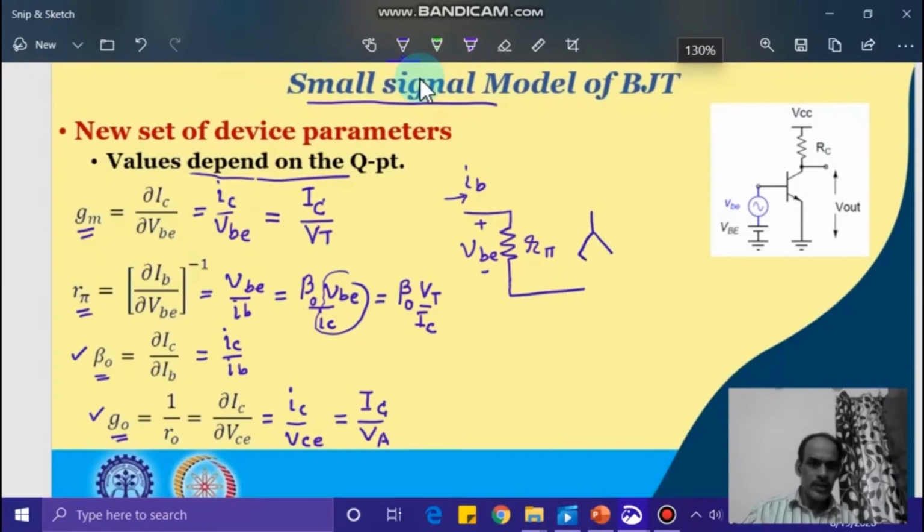So collector to emitter, we have a voltage dependent current source, which is I_C equals g_m into V_BE.